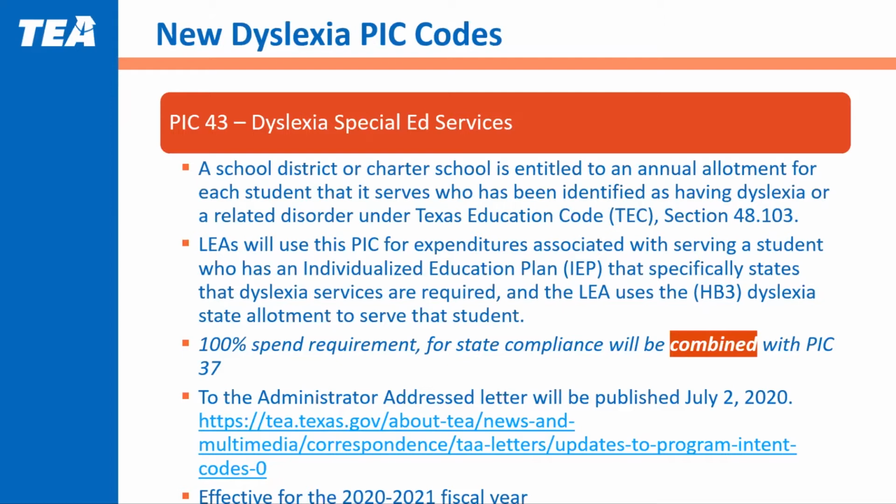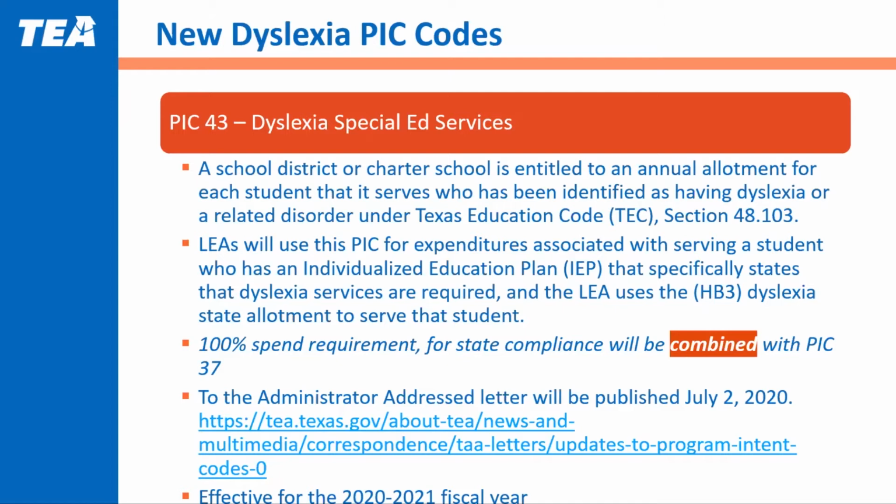And then along those lines for MOE purposes, they're going to also utilize PIC 43 whenever they're doing your MOE calculation. So you'll want to make sure that those expenditures that you put in PIC 43 are in fact for special education students, so that whenever they get combined with MOE, there won't be any kind of reporting problems. And then on the flip side, you don't have to use PIC 43 if you're not providing any dyslexia services to special ed students with the dyslexia allotment.